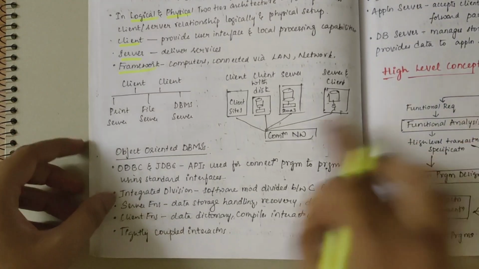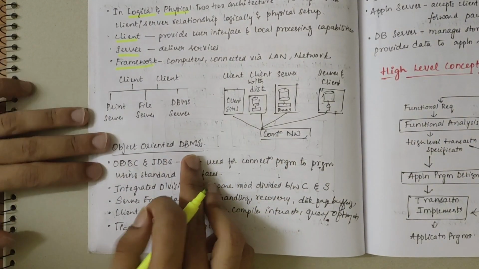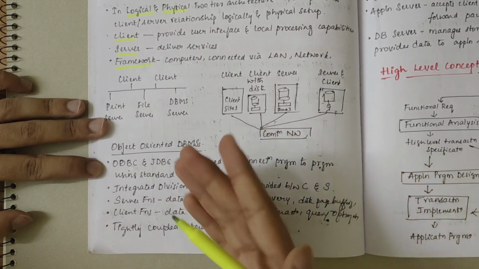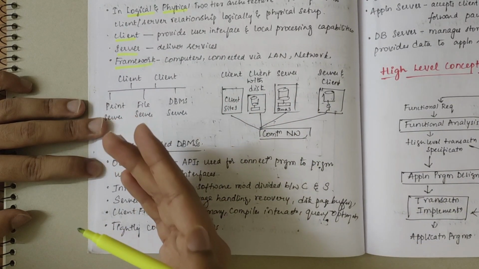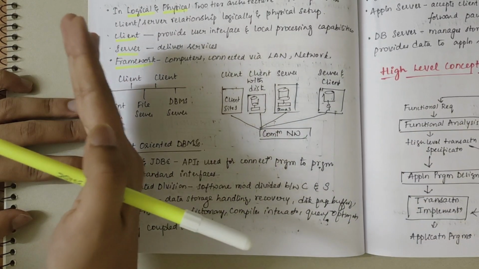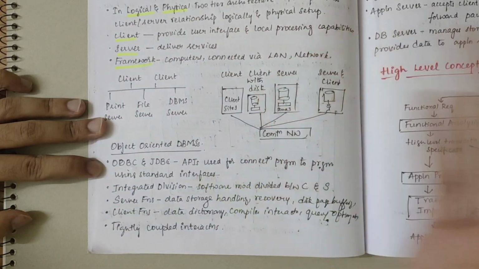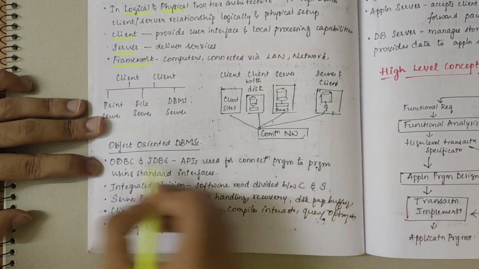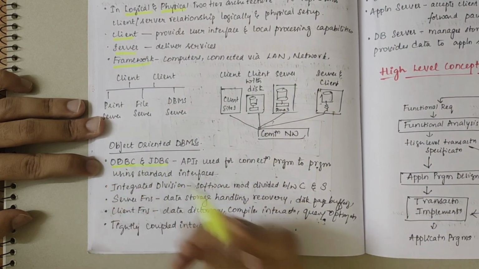Coming to object-oriented DBMS, we have ODBC and JDBC. These are the standard interfaces which are used to connect to the database using programming languages. APIs are used for connection of program to program using standard interfaces.